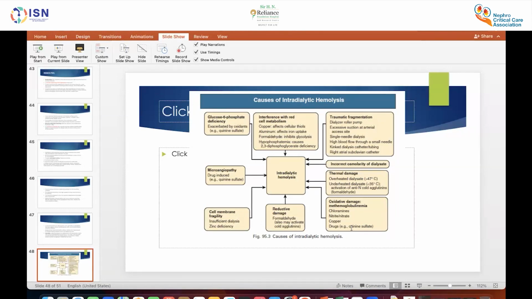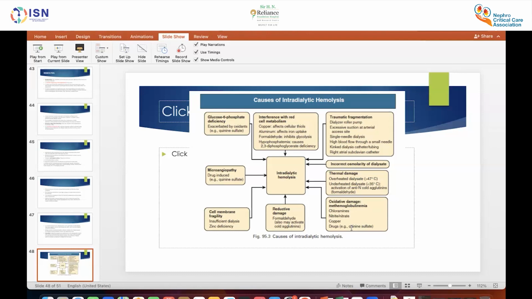The best way is to put a tourniquet or crepe bandage over the lower limbs and the upper limbs, where you increase the hydrostatic pressure by external force, causing the interstitial hydrostatic pressure to rise more than the intravascular venous pressure, and thereby there is movement of water from the interstitial compartment to the intravascular compartment.